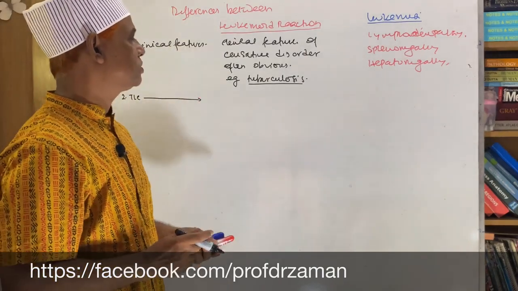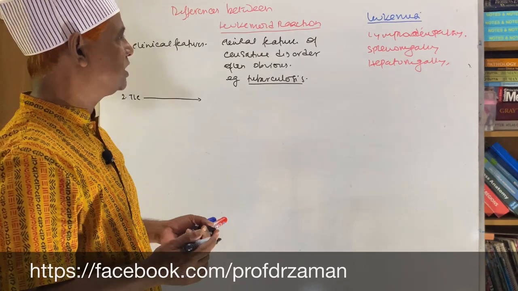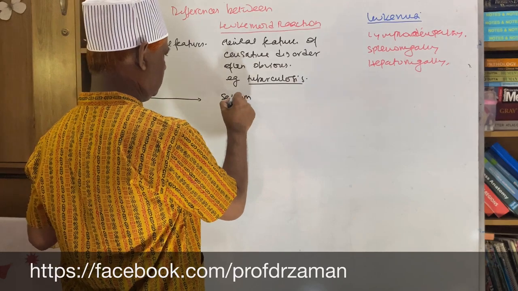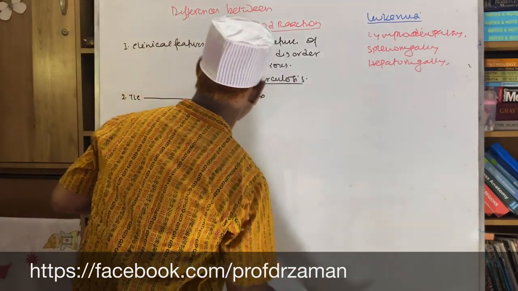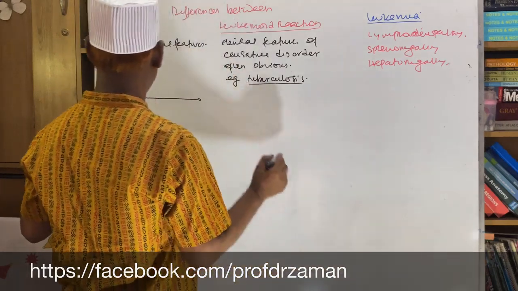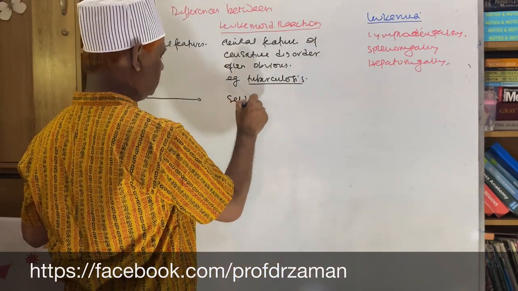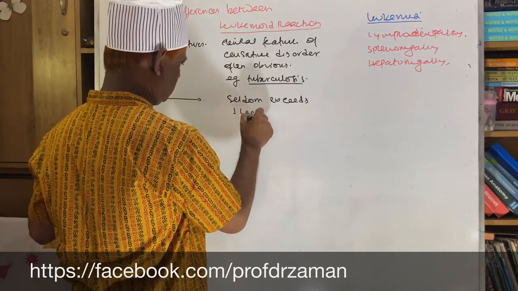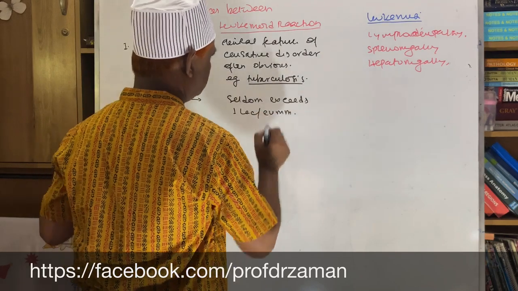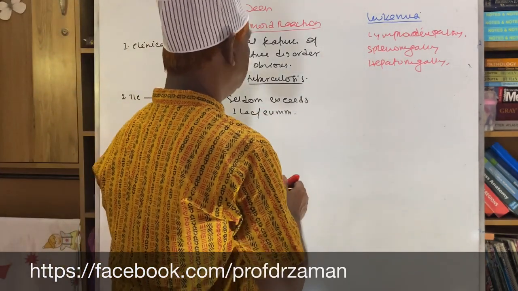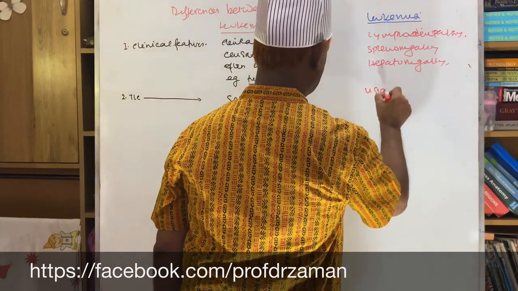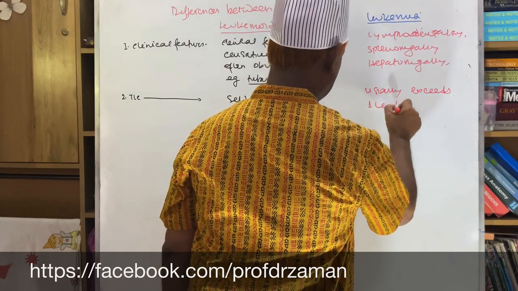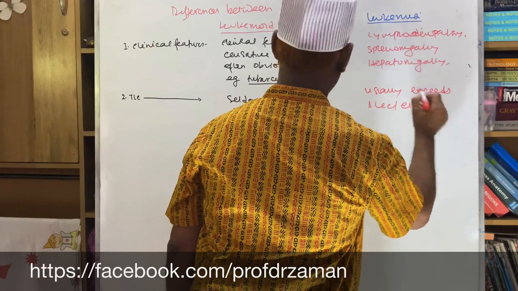In case of leukemoid reaction, TLC seldom exceeds 1 lakh per cubic millimeter of blood. But in case of leukemia, it usually exceeds 1 lakh per cubic millimeter of blood.